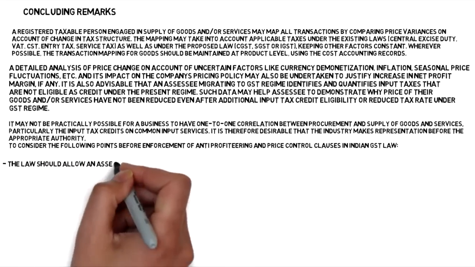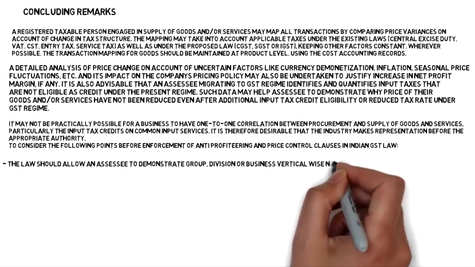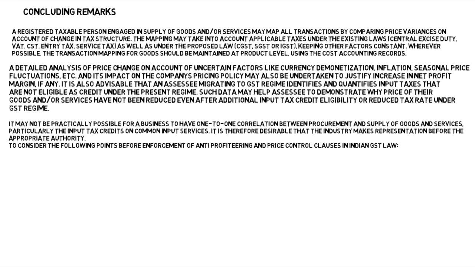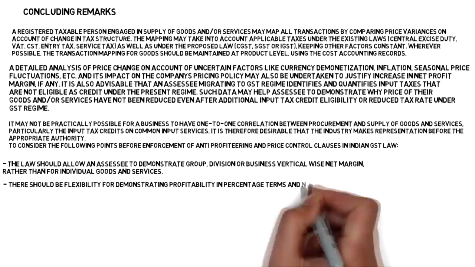The law should allow an SSC to demonstrate group, division or business vertical wise net margin rather than for individual. There should be flexibility for demonstrating profitability in percentage terms and not in absolute value.